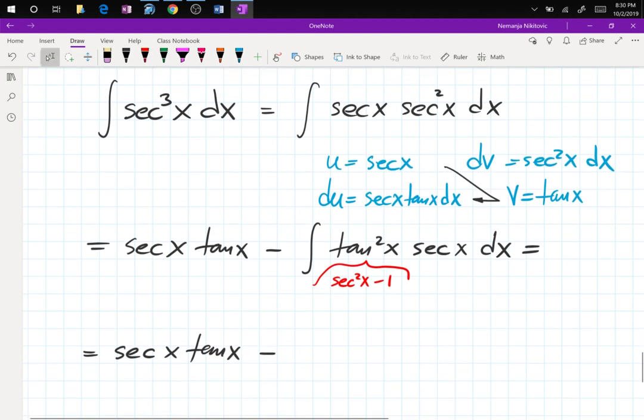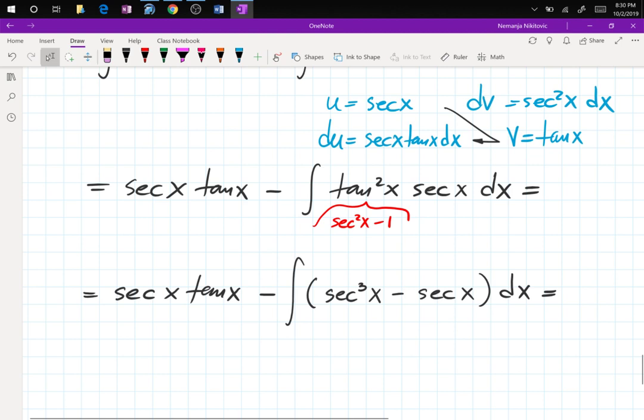And when you multiply now, you are going to have secant cubed x minus secant x dx.